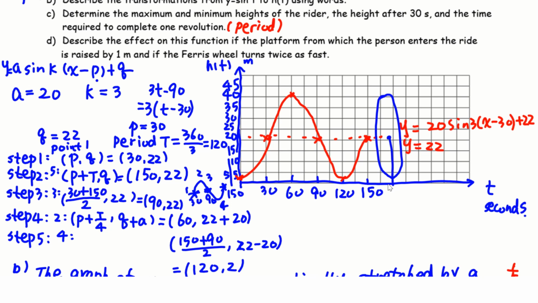Here is a stand. So this is the axis of the Ferris wheel. So if the platform, this is the bottom point of the platform.